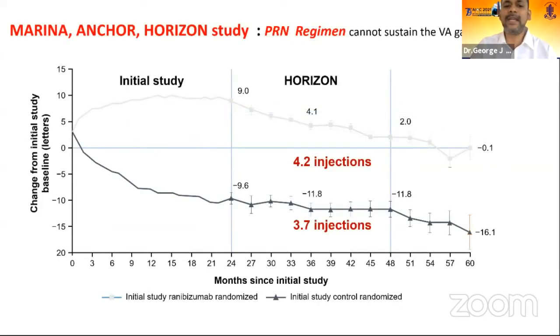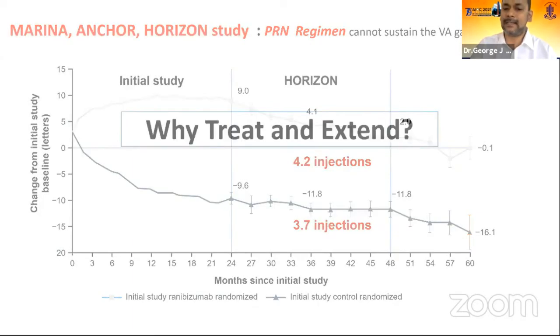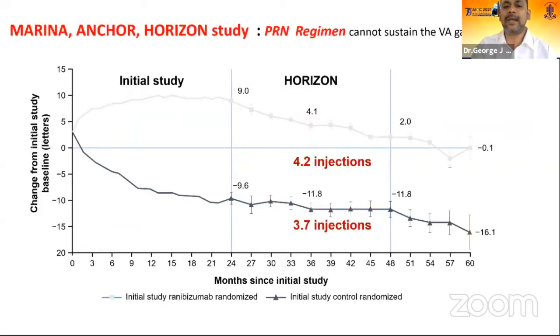Why we need this regime is because, as already mentioned by previous speakers, this is the 5-year result after the initial monthly injections, with super results with ranibizumab.